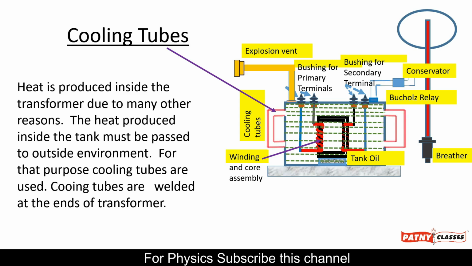So inside the transformer, when the coil becomes hot, that heat must be passed to the outside environment. For that purpose, we use the oil inside the tank. And at the end of the tank, cooling tubes are provided. So heat produced in the tank is passed to the outside with the help of cooling tubes. And cooling tubes are provided at the end of the tank.